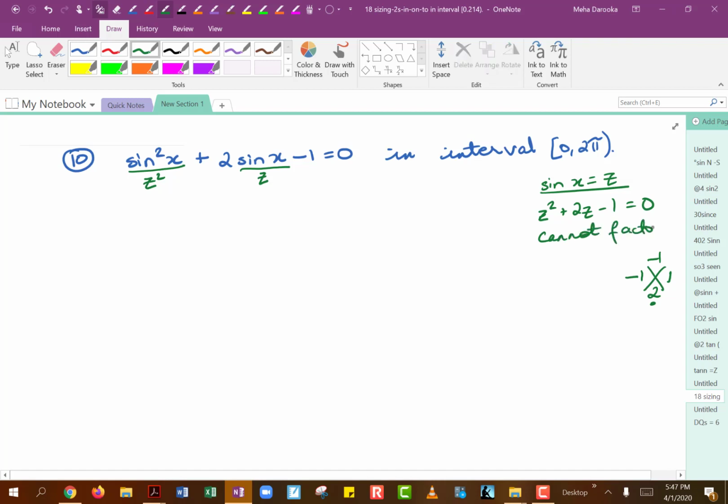And since we cannot factor this, we are going to use the quadratic formula here. My leading coefficient here is 1, which is my A value. My middle term is +2, which is the B value. And my constant term is -1, which is the C value. So we're going to put this in the quadratic formula.